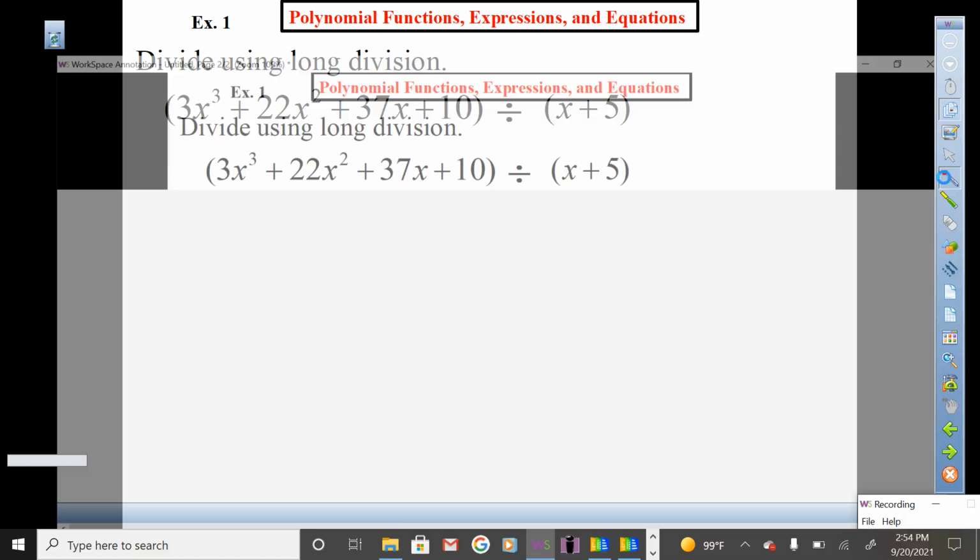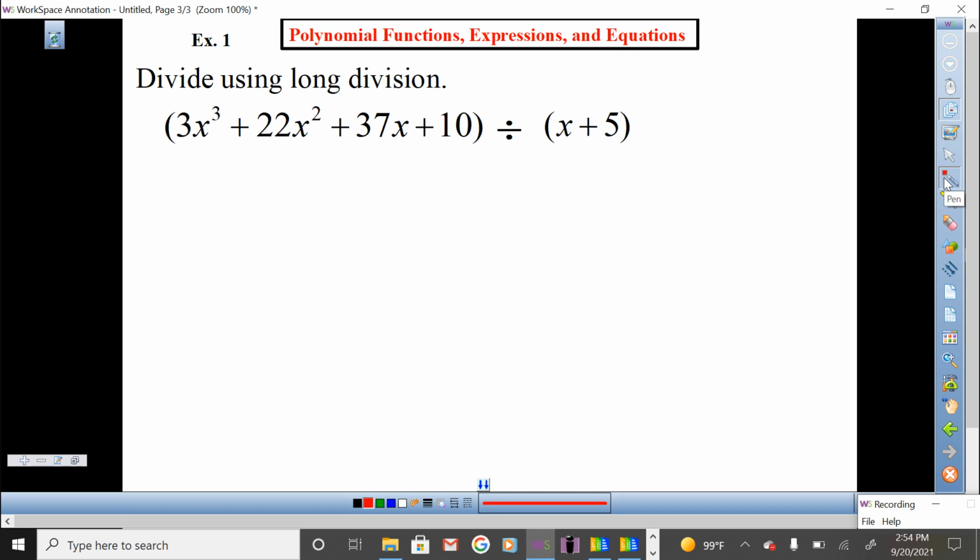What is the first thing we do every time that we work with polynomials? We always do what, everyone? Check for standard form. Okay, let me do that. This is third degree, this is second degree, this is first degree, this is 0 degree. Question, are there any degrees missing? No, it's in order, and they're all there.